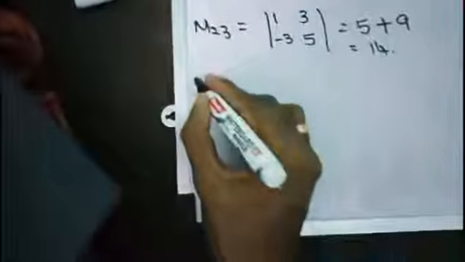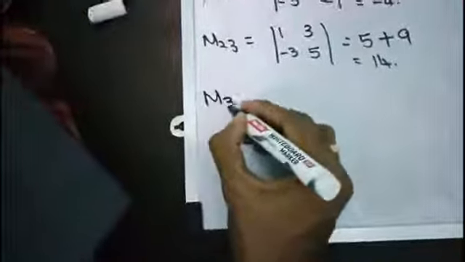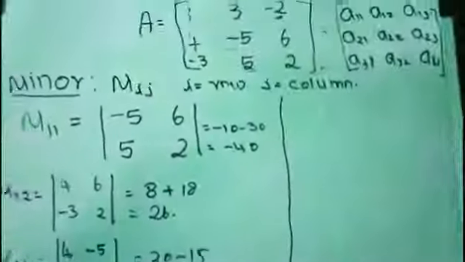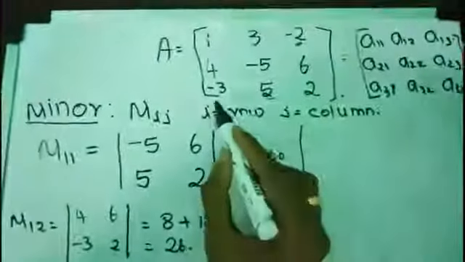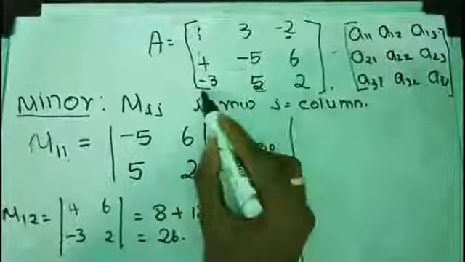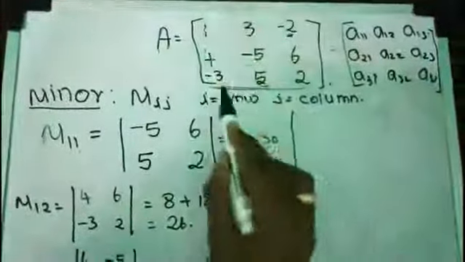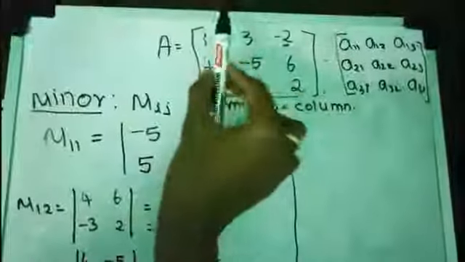So next one is M31. It is third row, first column. Hide this third row and first column.